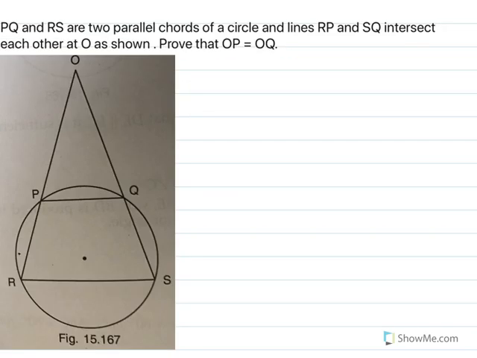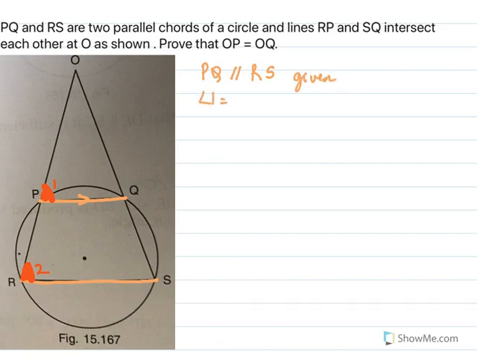Here it is given PQ and RS are two parallel chords. So we mark this, we have PQ parallel to RS. If PQ is parallel to RS, the corresponding angles must be equal. So I'll mark this angle 1 equal to angle 2. So I'll write that now. PQ parallel to RS, given.